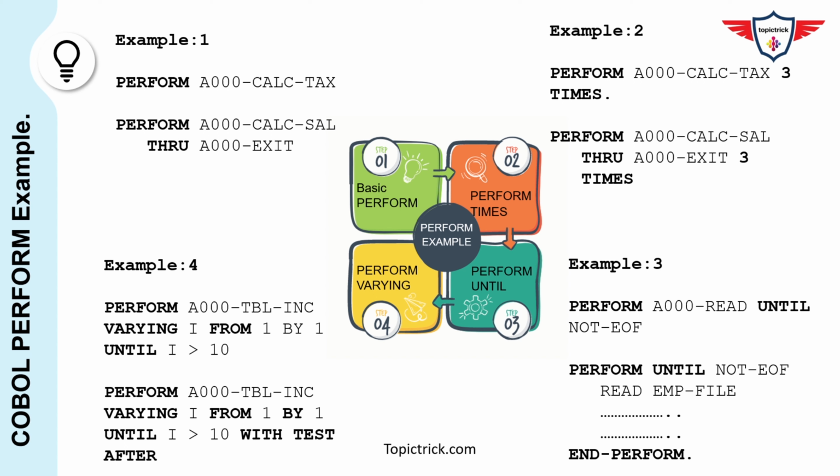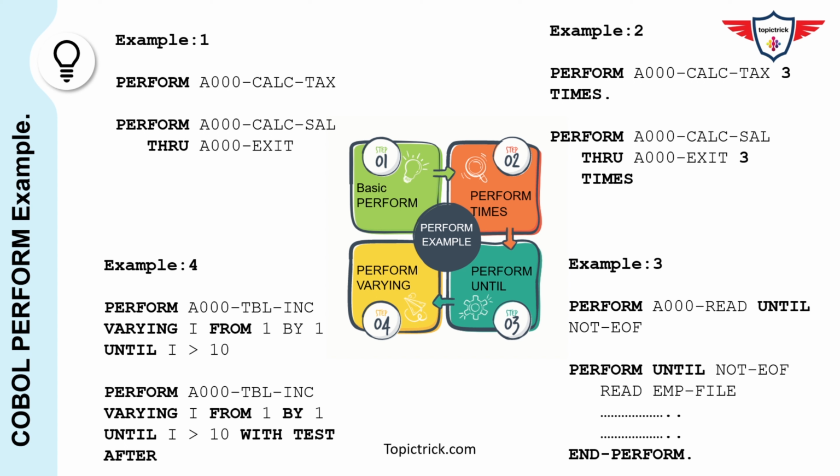Now let's move on to example number 4, which is associated with the perform with varying phrase. In this case, I have a perform statement followed by a paragraph name, that is A000-tbl-inc, varying I from 1 by 1 until I is greater than 10.